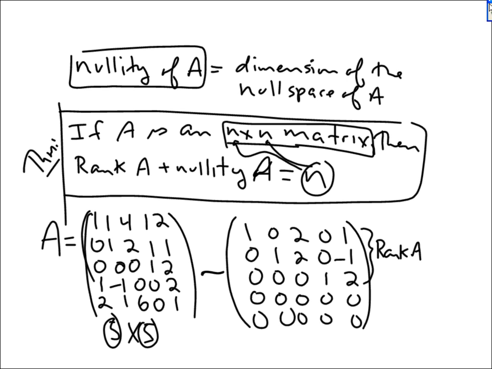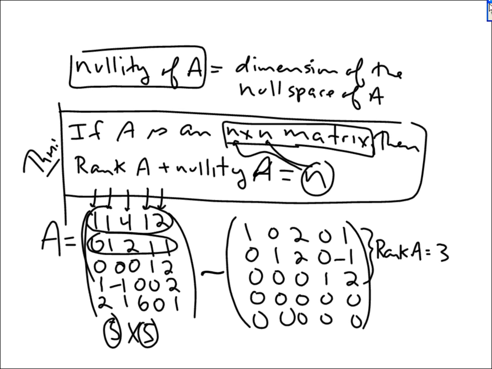The rank of A is 3. Now, remember, if you're trying to find the row rank, you're supposed to take these 5 vectors and write them as columns and reduce that. But if you want the rank of the columns, those 5 column vectors, then you don't have to transpose.